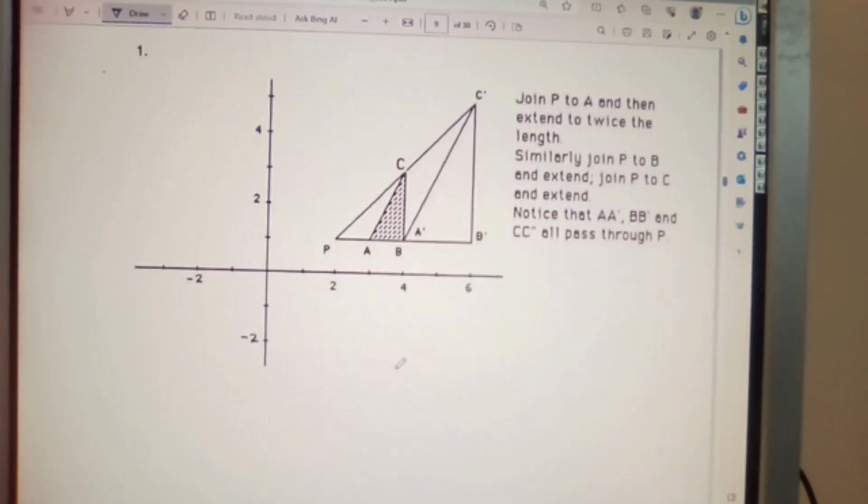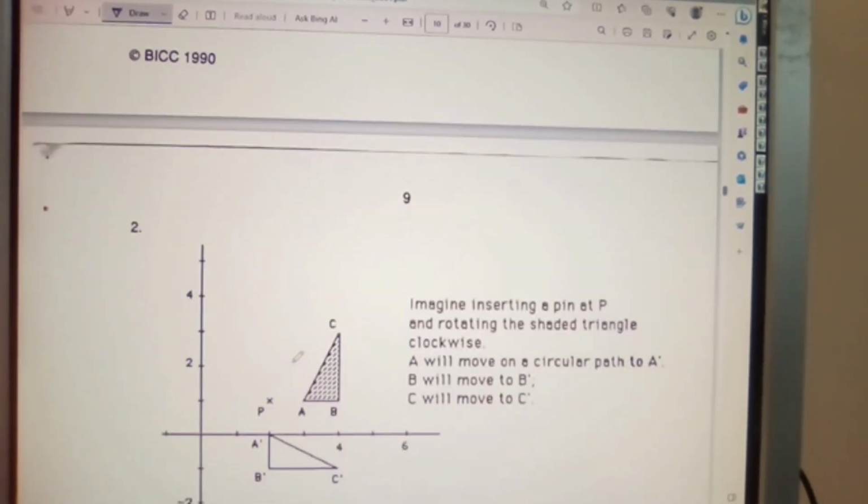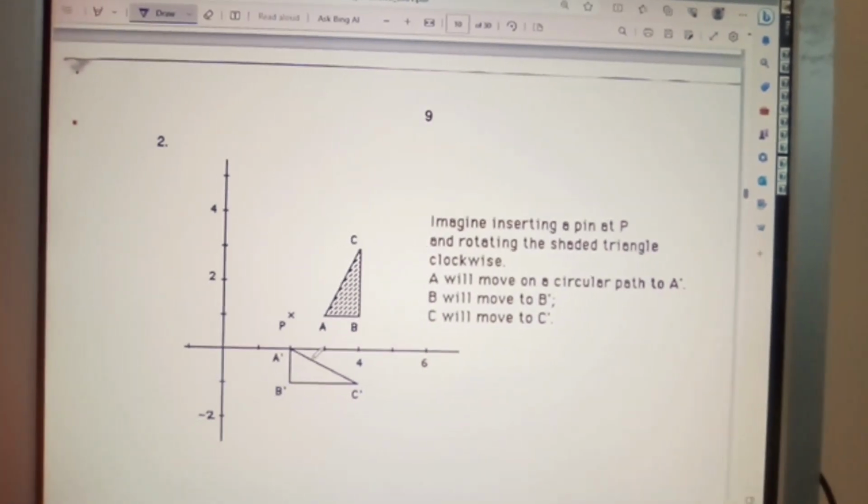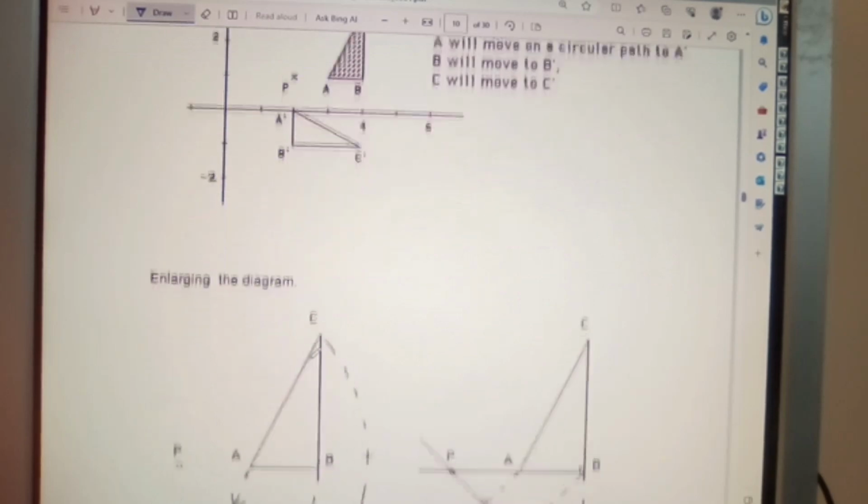Solution, okay? And again, that's for you to work through. I'm not going to, and a similar thing here as well, okay? Again, for you to work through.